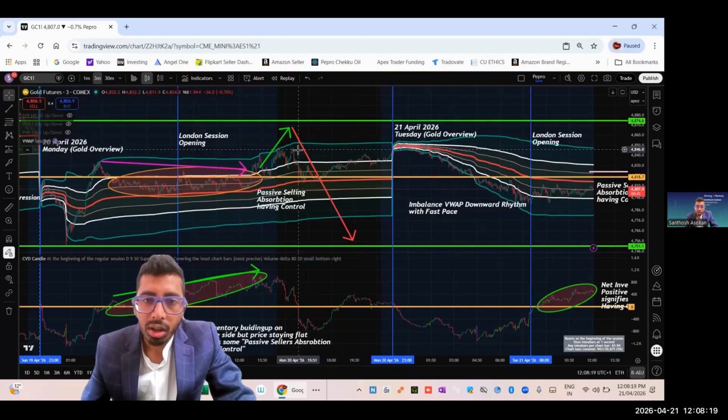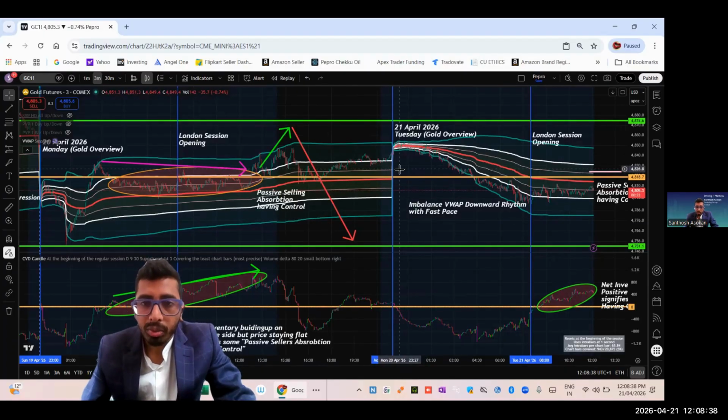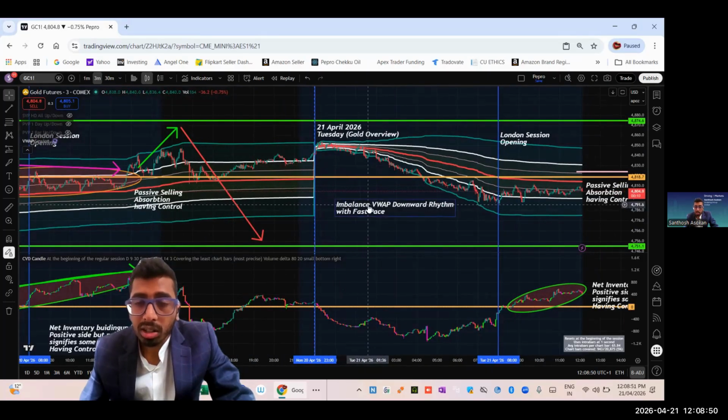It has been trading around the VWAP zone and even closed at higher levels, even though there is selling aggression seen in the inventory. So in today's session, after the overnight opening, I can expect the same downward rhythm move which I was looking for yesterday, in an imbalance VWAP rhythm on the downside with a fast pace.